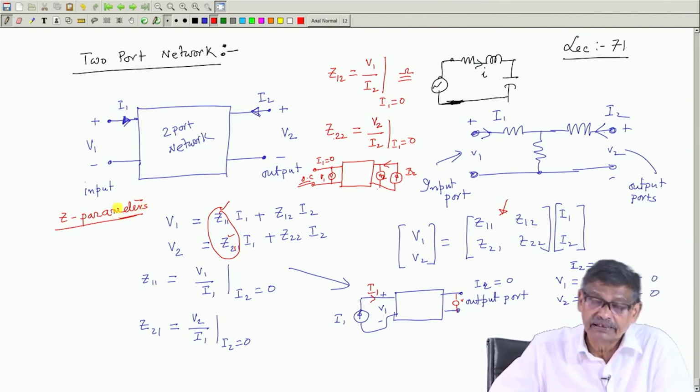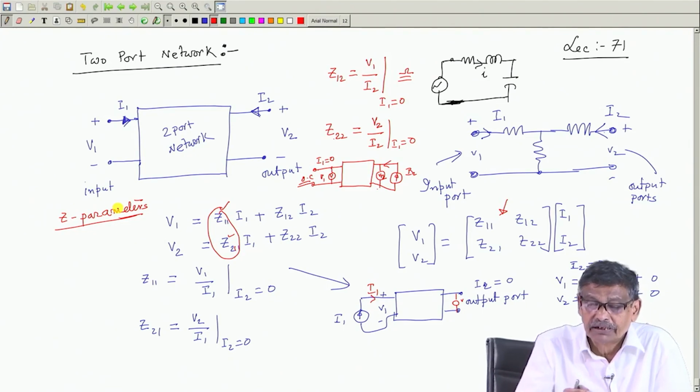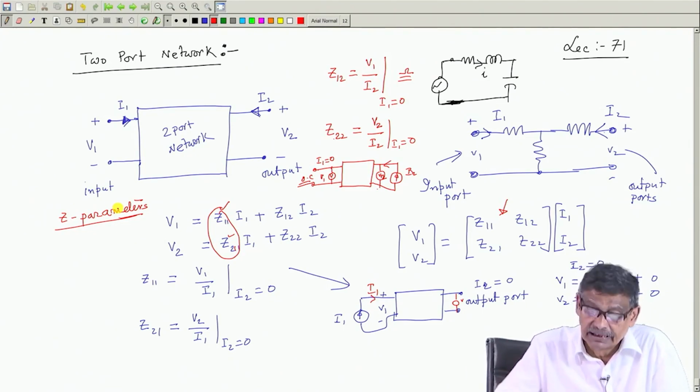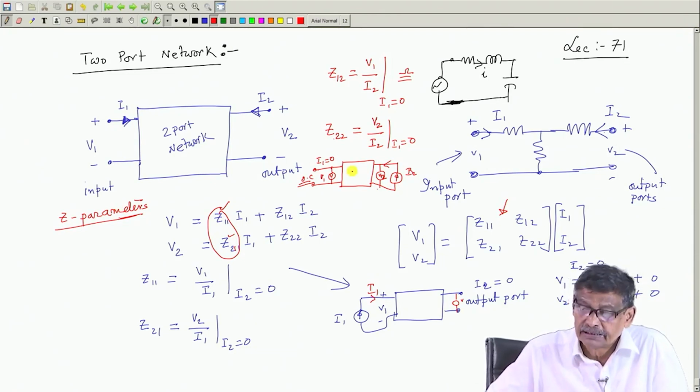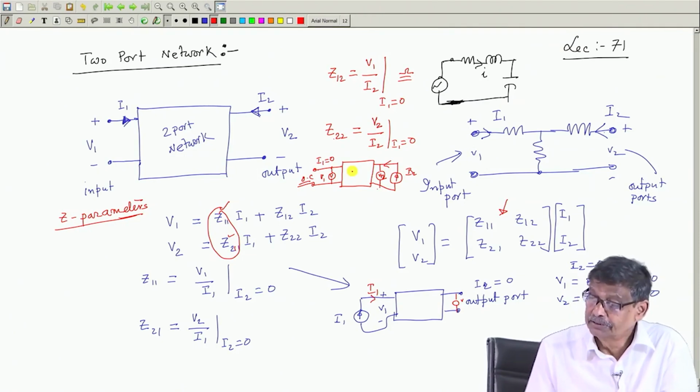Z parameters are nothing but open circuit condition parameters. While finding out these parameters, you have to keep the other port open, then only you can get these values, as I have elaborated here. Is that clear?